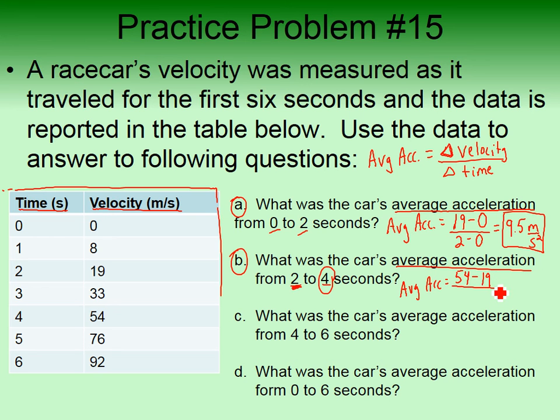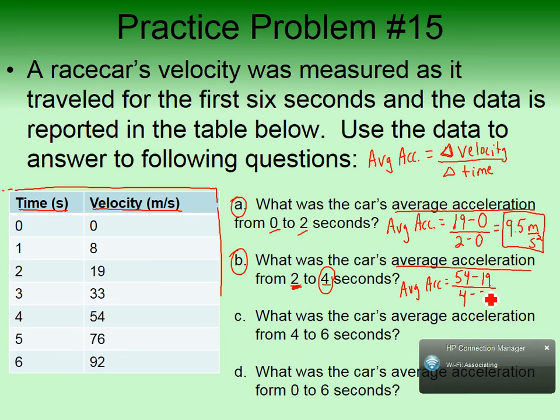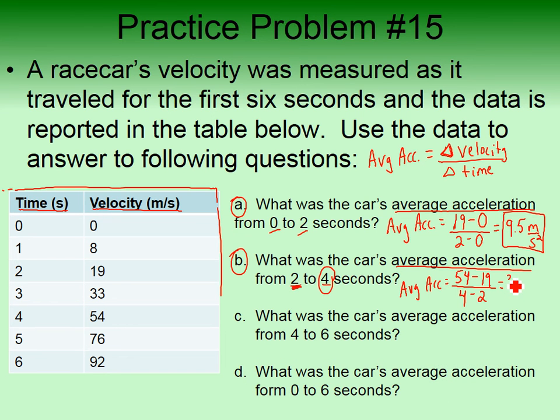Divide that by the final time, 4 seconds, and the initial time for this segment, 2 seconds. So 54 minus 19 is 35, divided by 2, and that's 17.5 meters per second squared.